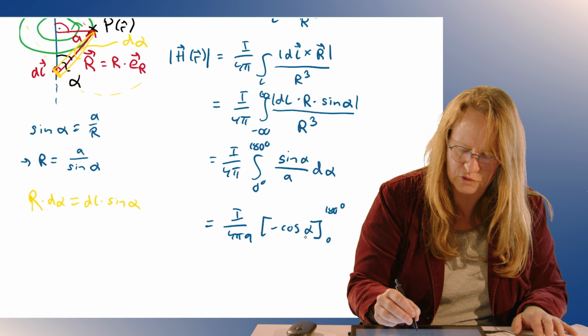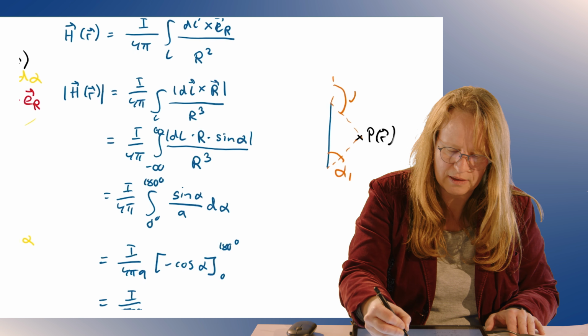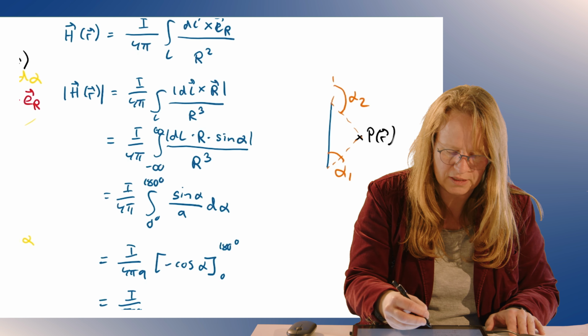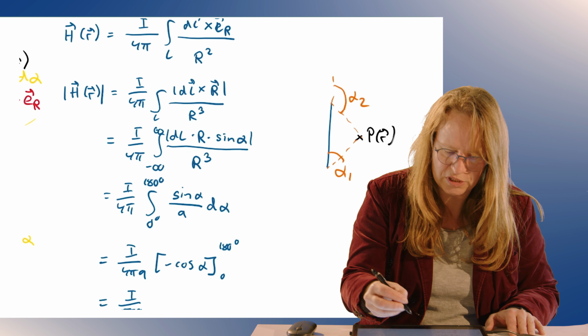So we don't need to integrate from this angle to this angle, from the location dL down here to the element up here. Regarding the angle, it means we calculate from this angle alpha 1 to this angle alpha 2 here. And then all that we have to change is the integral at this point.